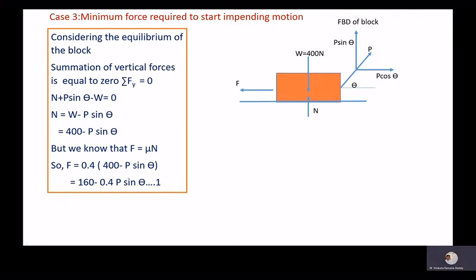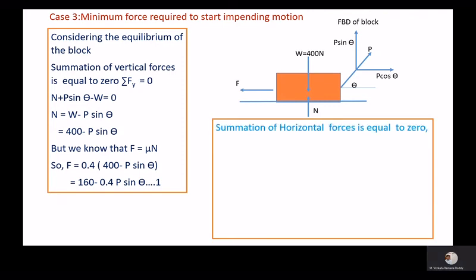Now we'll consider the equilibrium of the block, that is summation of horizontal forces is equal to 0, that is sigma Fx is equal to 0. So what are the horizontal forces here? F and P cos theta. F is travelling towards left and P cos theta travelling towards right. Rightward forces are positive, leftward forces are negative. Then P cos theta minus F is equal to 0. Then F is equal to P cos theta.